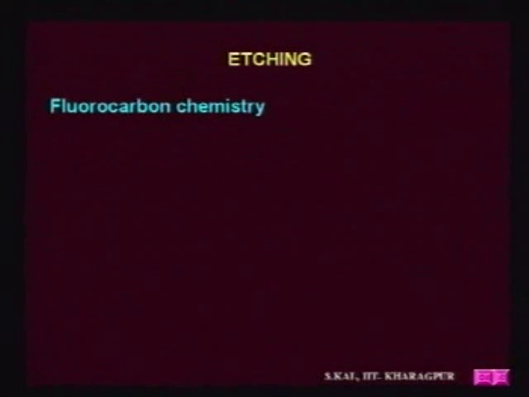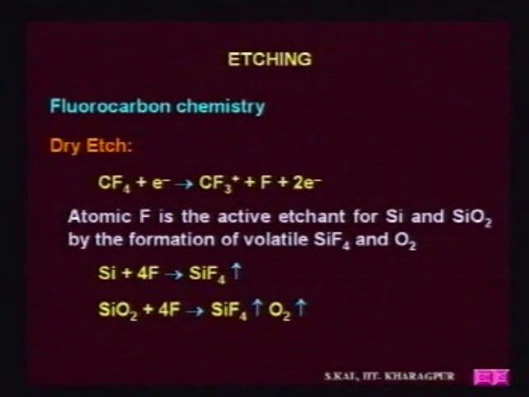Next, we will now discuss the basic etching behavior, the fluorocarbon chemistry, and how the etching takes place in a plasma chamber with silicon and silicon dioxide. Dry etch means we are not using any liquid substance to etch either silicon or silicon dioxide.